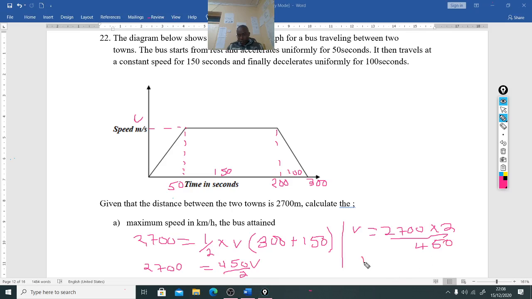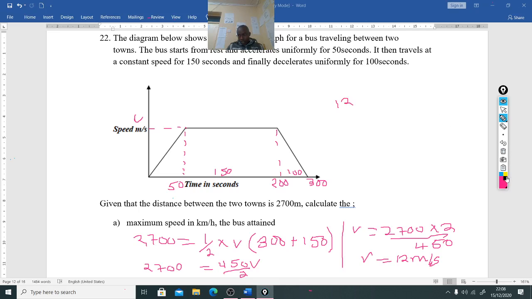Use your calculator, you'll find your V to be 12 meters per second. If your V is 12 meters per second, to change from meters per second to kilometers per hour, we times that by 3600, because we know 1 hour has 3600 seconds.